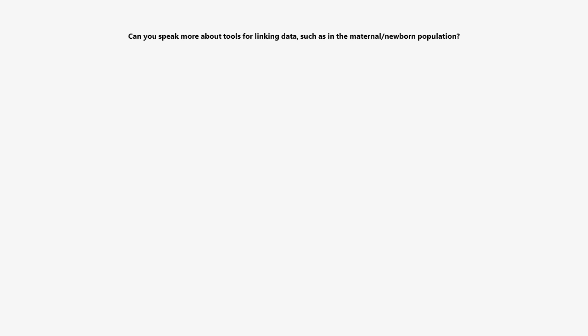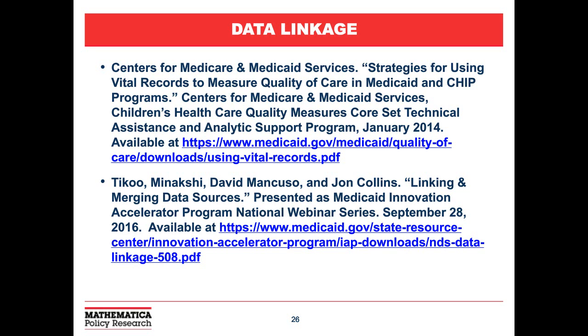I think the two places that I look are users guides and linkage technical assistance briefs that researchers have often done on behalf of CMS. There's the one that I mentioned on maternal infant health through the CORSET technical assistance. Good brief there. Also, really good info coming out of the Medicaid Innovation Accelerator Program, on data analytics technical assistance.